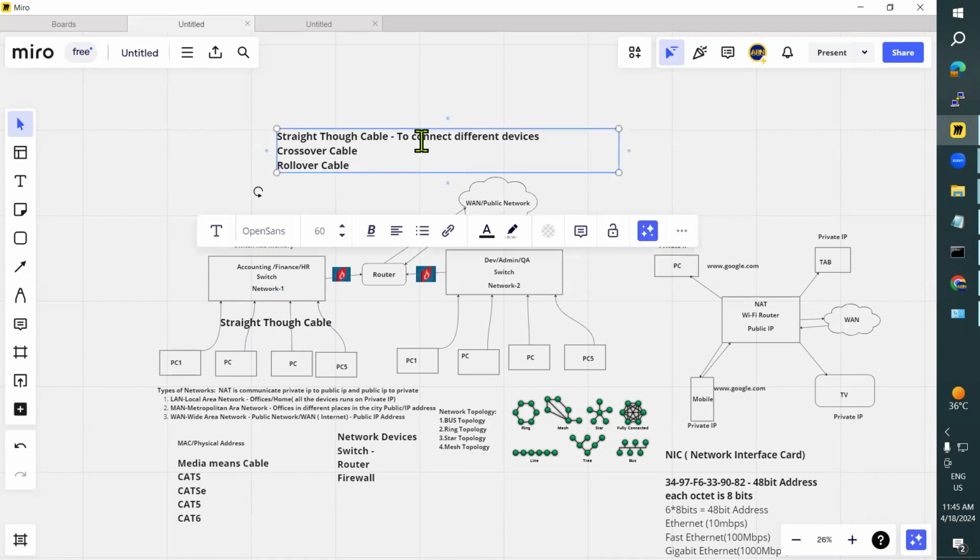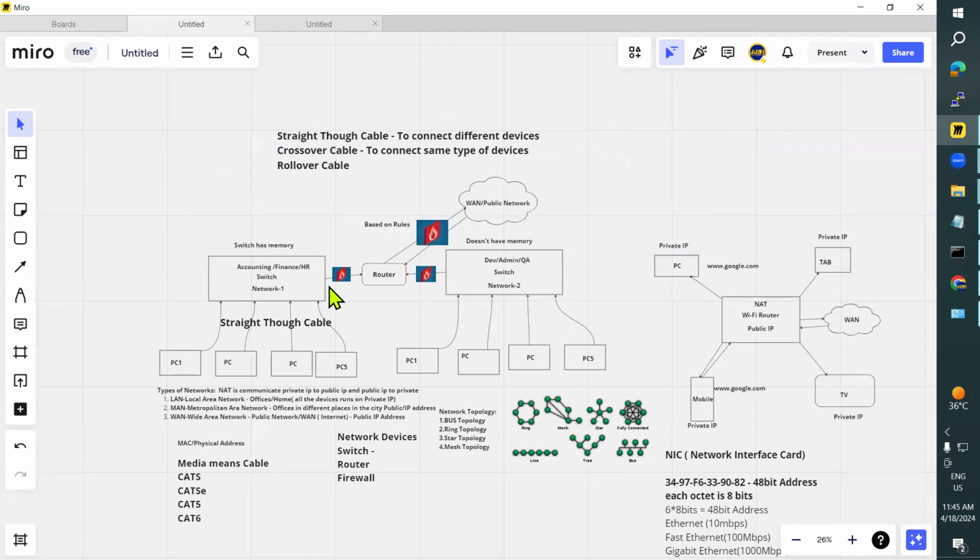Next, the crossover cable is generally used for connecting the same type of devices.